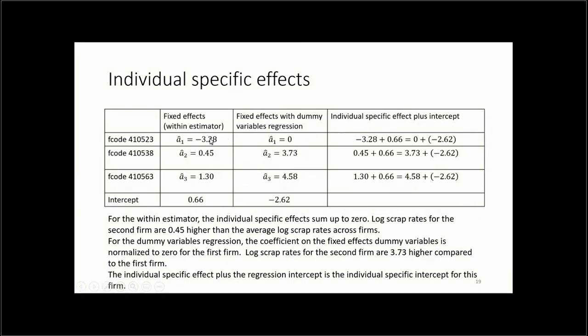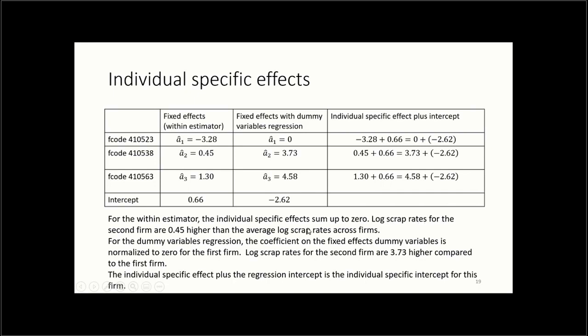Here we have only the first 3 of the 54 individual specific effects, but all 54 of them would sum up to 0, whereas here we have the first one equal to 0, and the rest would be interpreted in comparison to this one. Because for the within estimator the individual specific effects sum up to 0, this is the interpretation.